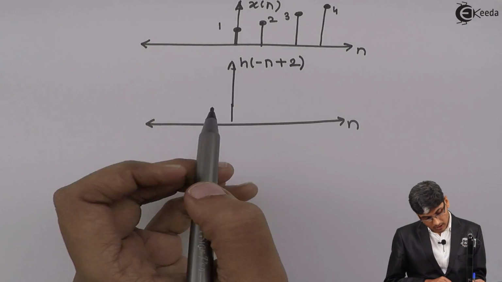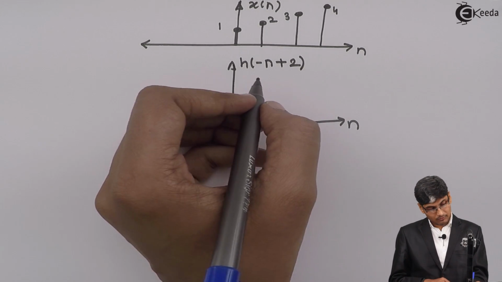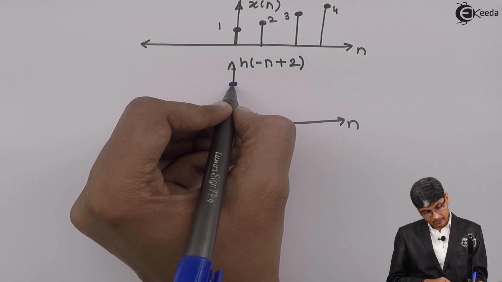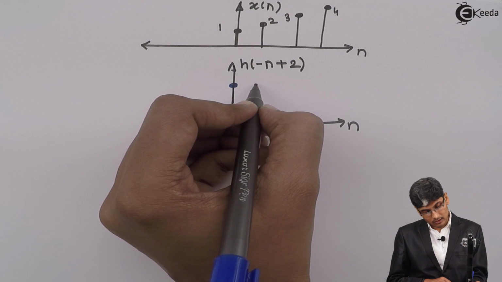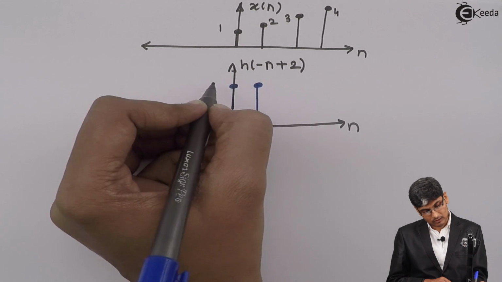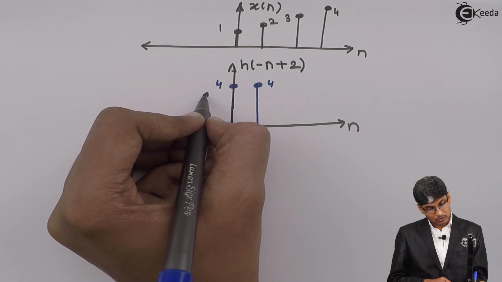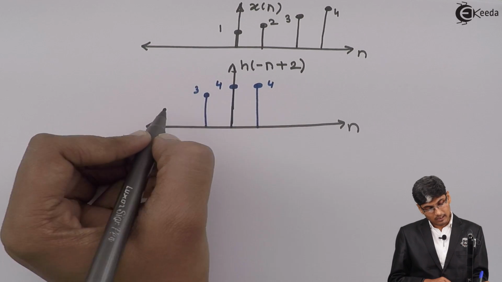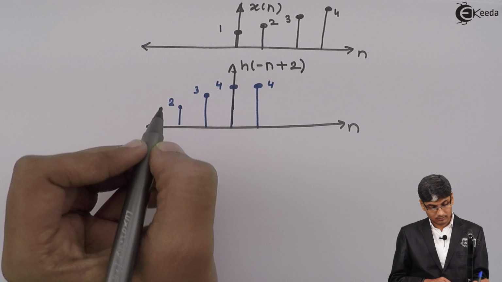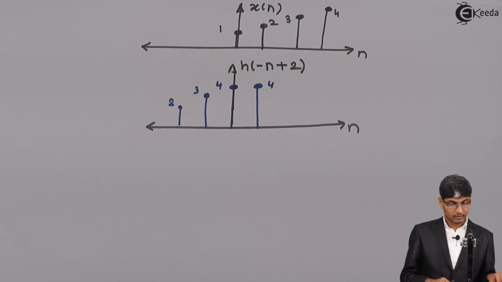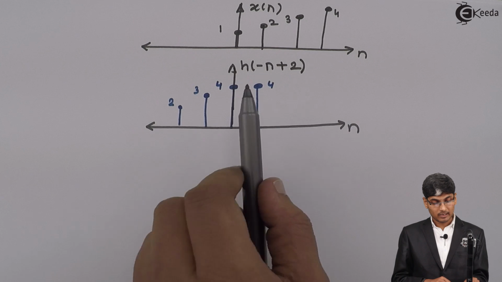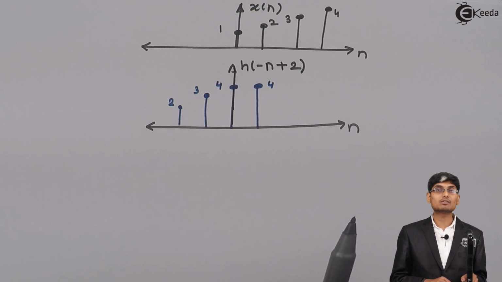So, if we do similarly, previously for h of minus n I had 4 over here, I also had a 4 over here. So, this was 4, 4 and then I was having 3 over here and I was having 2 over here. Okay. So, this is the previous signal which was h of minus n plus 1.